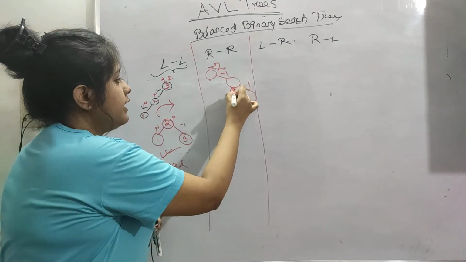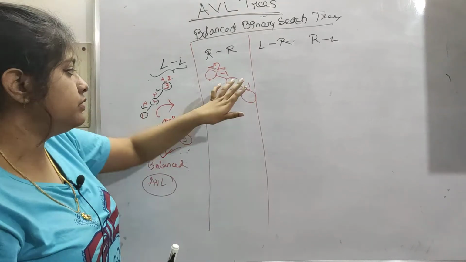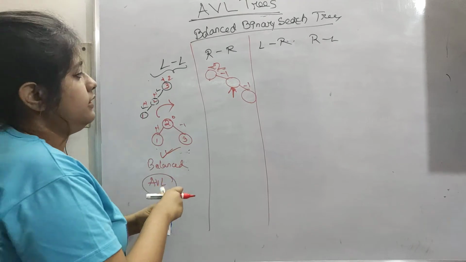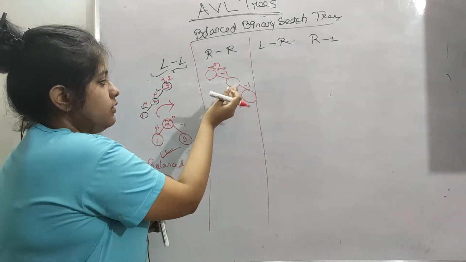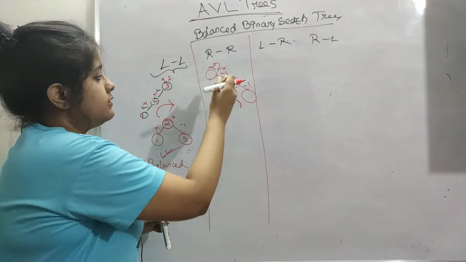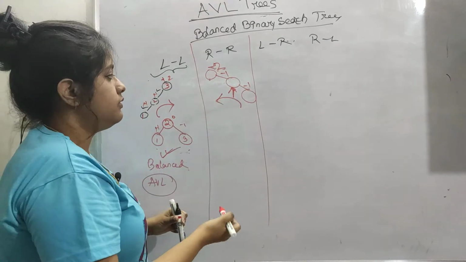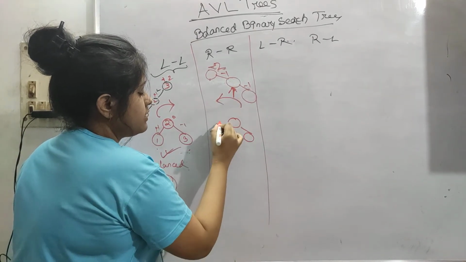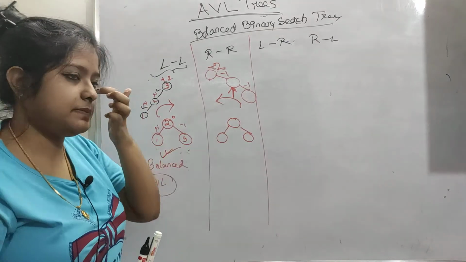Take this as our particular node which we have to rotate, and we rotate it in this way. Take the second node as the root and rotate it, so it will come like this. Now it is balanced, same as this tree.